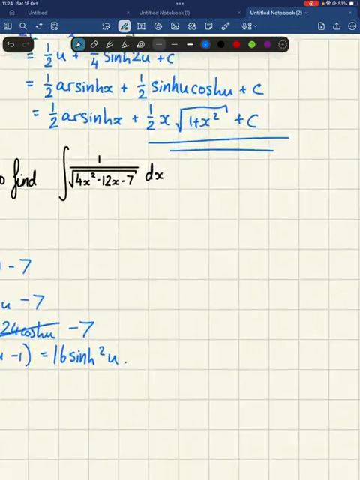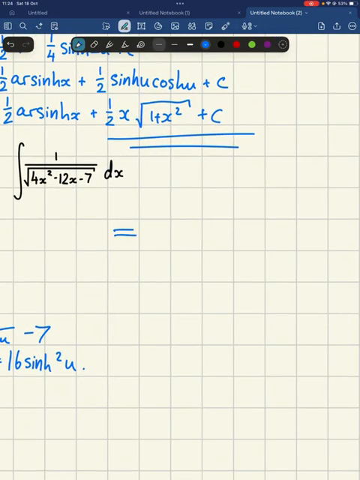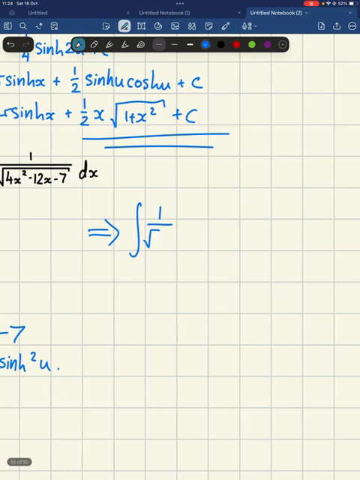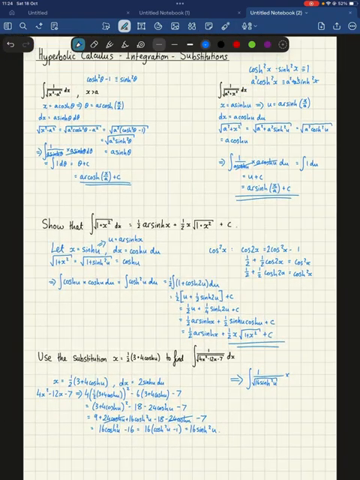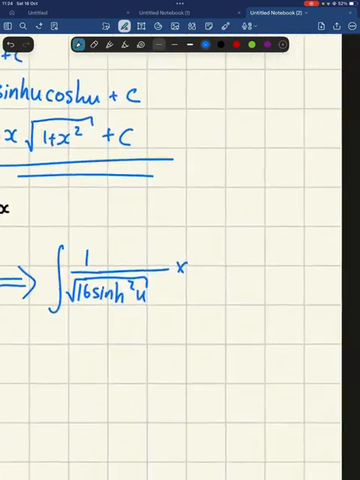Well, that looks a lot nicer now, so therefore our integral will be transformed to 1 over the square root of 16 sine squared u, multiplied by dx, which is 2 sine u du.